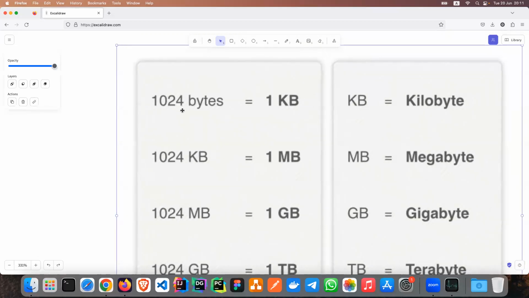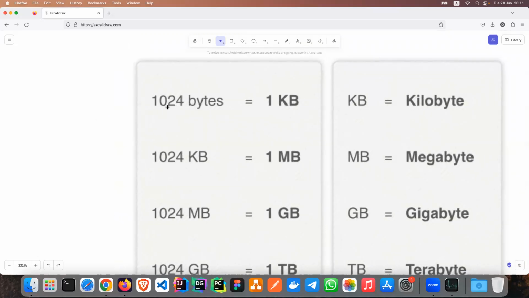It doesn't necessarily have to be 1024 bytes to be 1 kilobyte, because this is something defined by scientists. If I were a scientist, I could say I don't want to call it 1024, I want to call it only 1000. It's something defined by people.